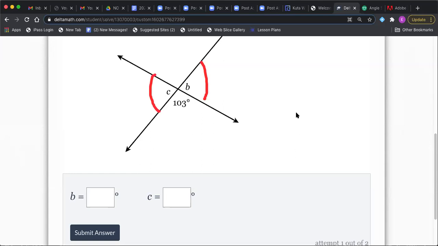So how do I find it? Well, check out these two. Don't these two together add up to be 180? Right? Isn't that the full rainbow? Yeah. So I just do 180 minus the 103. So what's that? 77? Yeah, cool. So it looks like C is just 77, which means B is the same thing. I don't have to do any more work.